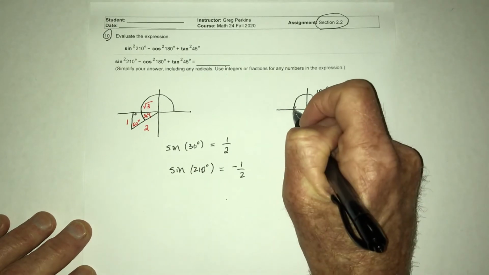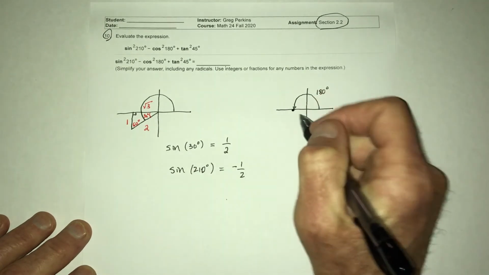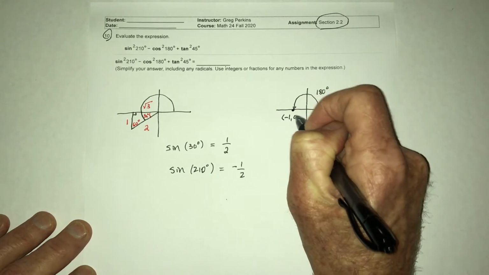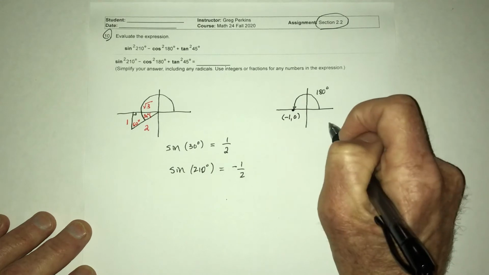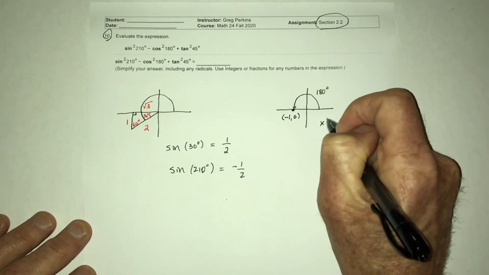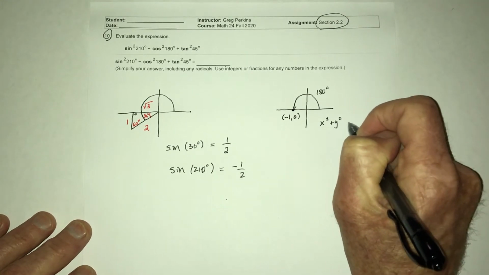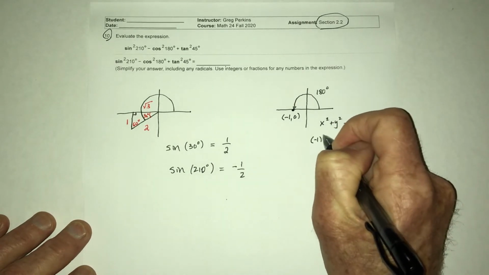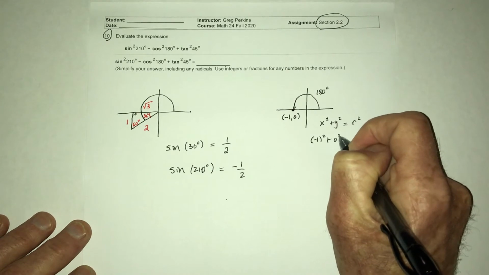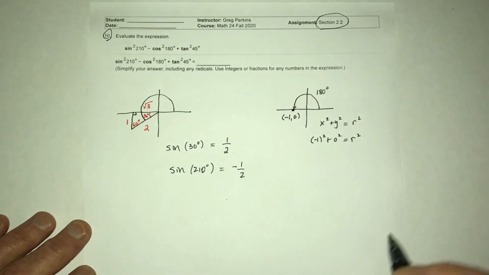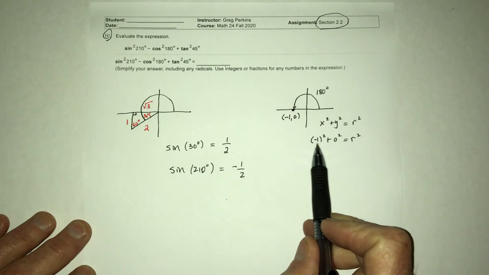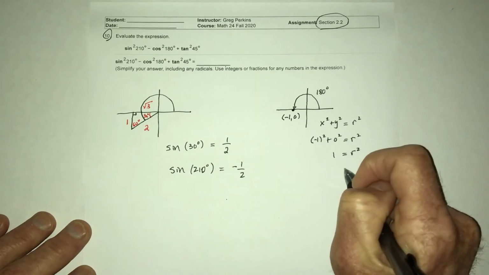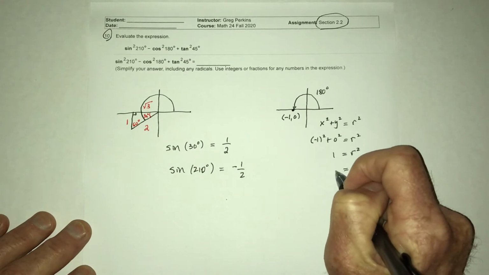So instead, I say this point right here is x equals -1 and y equals 0. And then you could use the formula x squared plus y squared equals r squared. So -1 squared plus 0 squared equals r squared. This will be 1 plus 0. And then take the square root, and r is equal to 1.